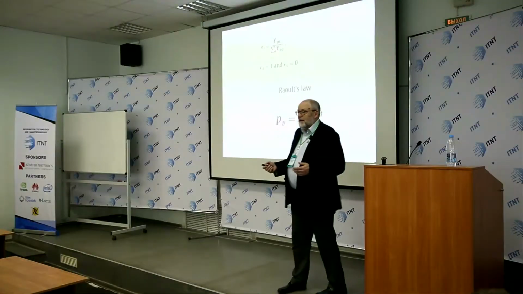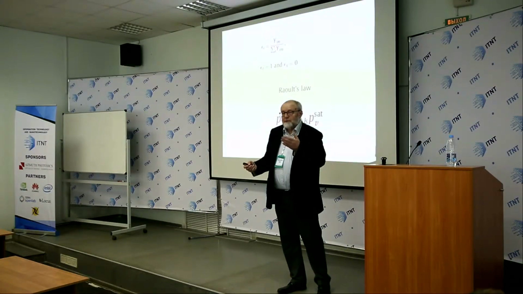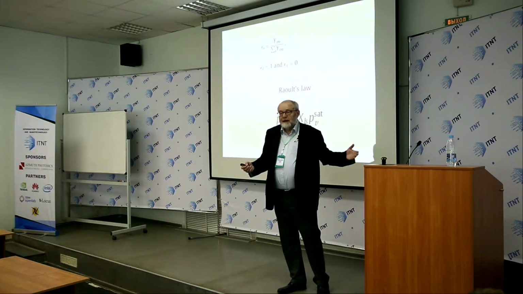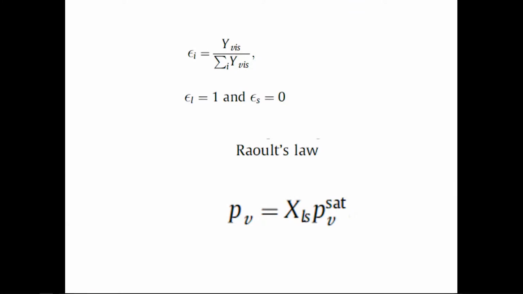At the boundary, we assume that water is the only evaporating substance, and Chitosan is not evaporating at all. Then we use the so-called Raoult law at the surface for the evaporating water.